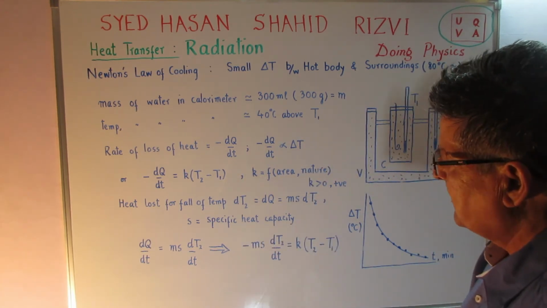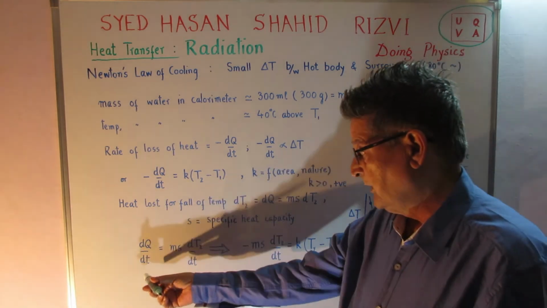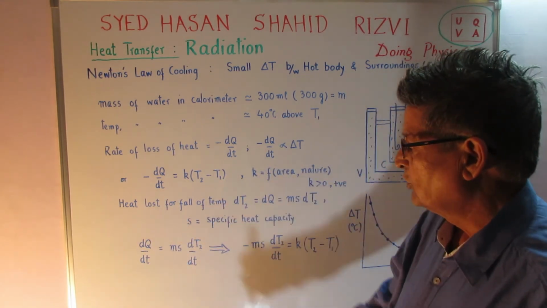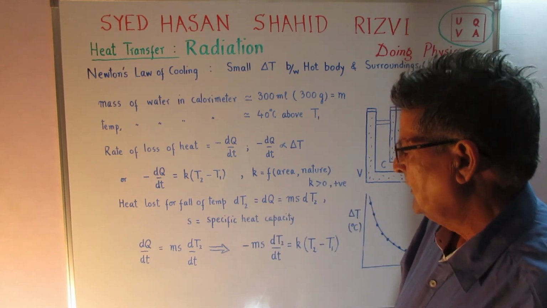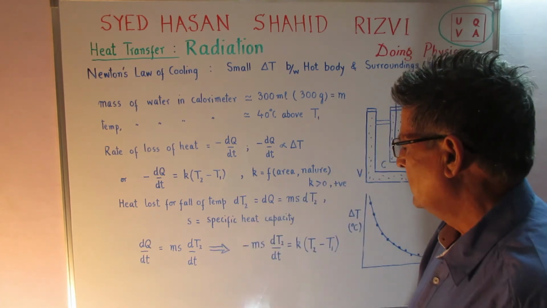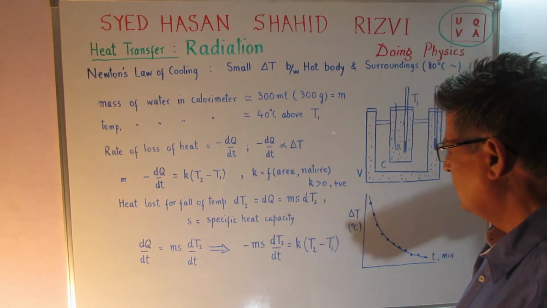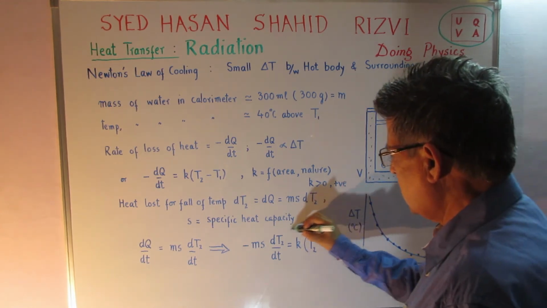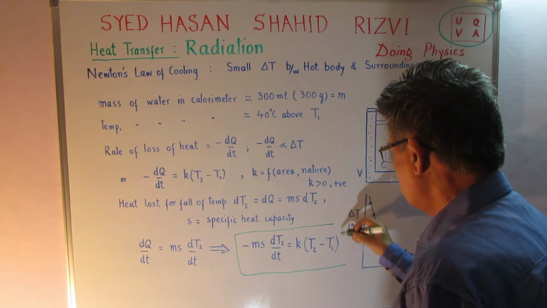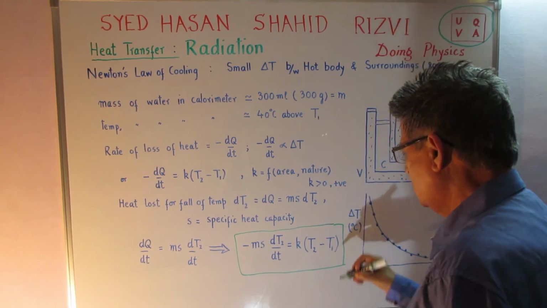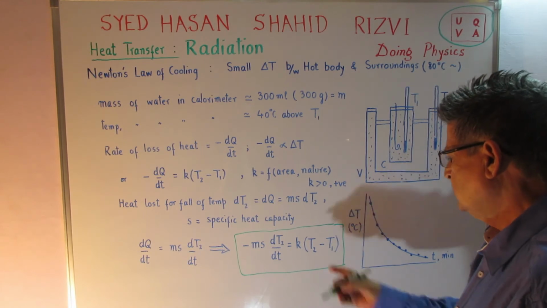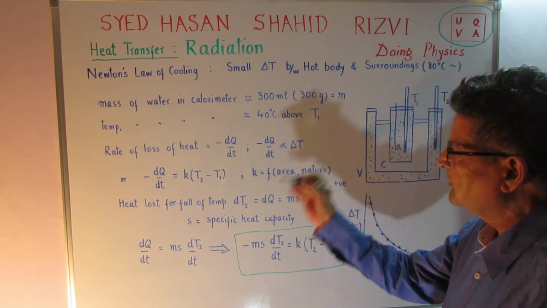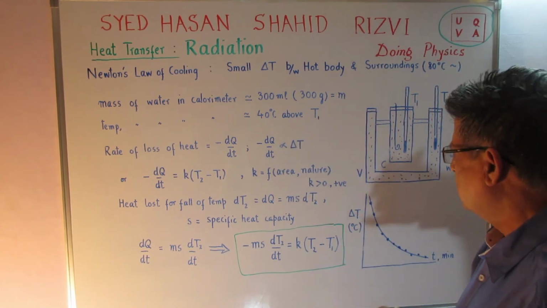So I can write dQ, and if I divide it by dt, this turns out to be equal to ms dT2/dt. Or we arrive at an equation of the kind minus ms dT2/dt is equal to k(T2 minus T1). So we solve this equation and obtain the result.